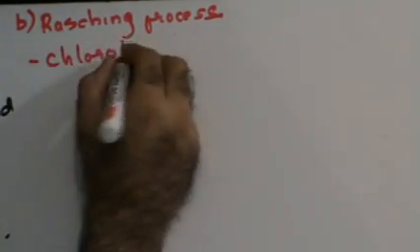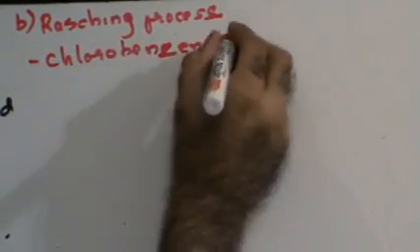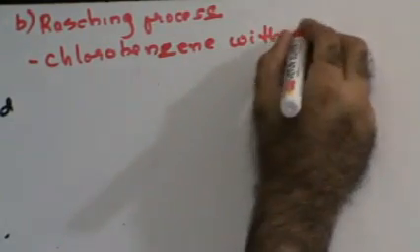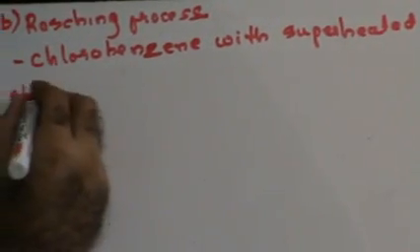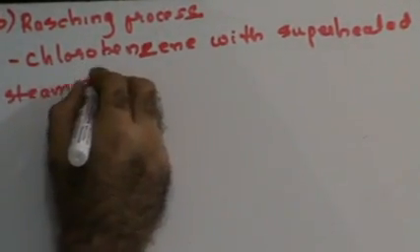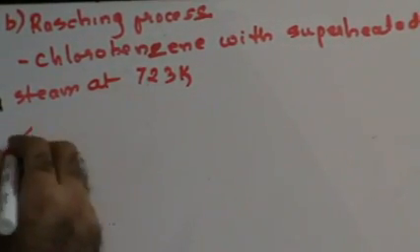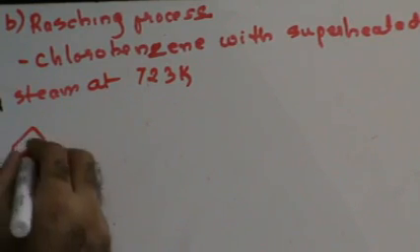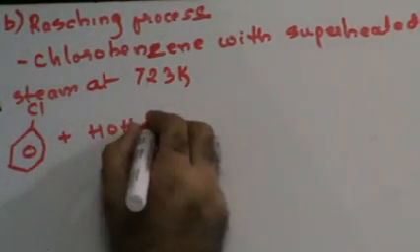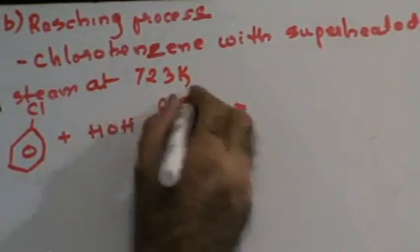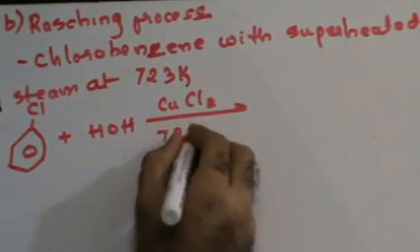So you have chlorobenzene with superheated steam at 723 Kelvin. Right? So you have chlorobenzene reacting with water, that's steam, in the presence of cuprous chloride at 723 Kelvin.